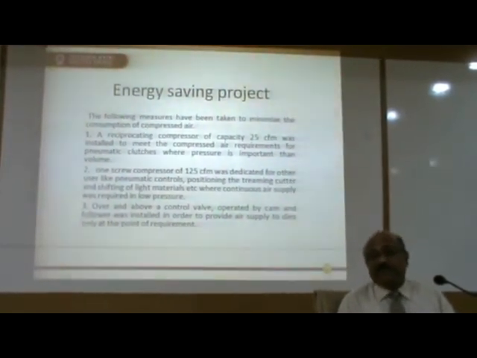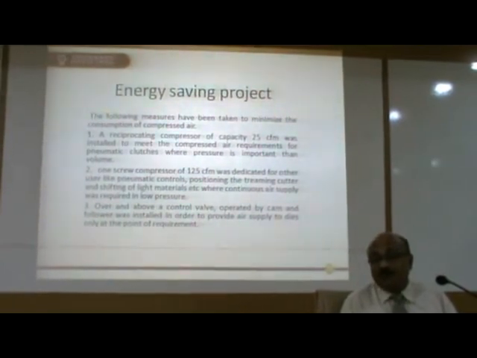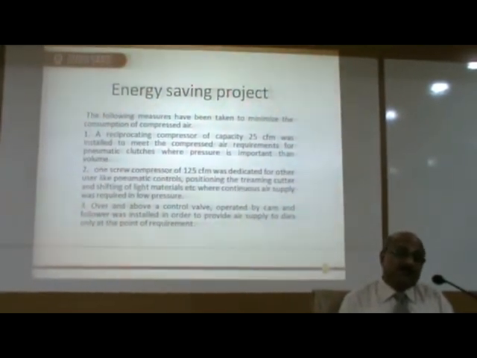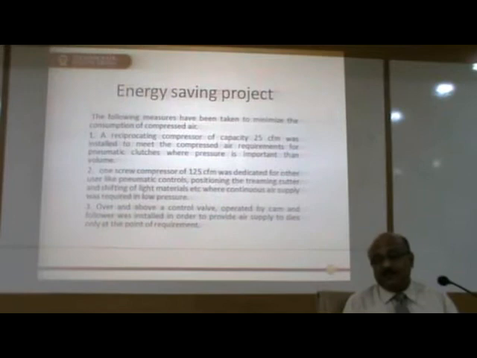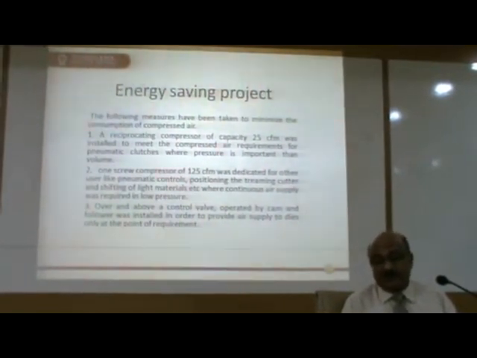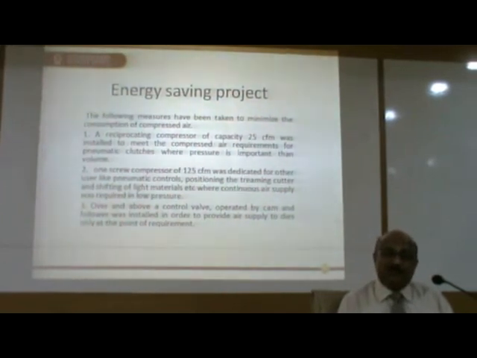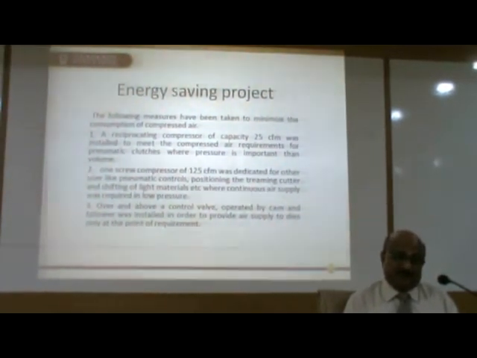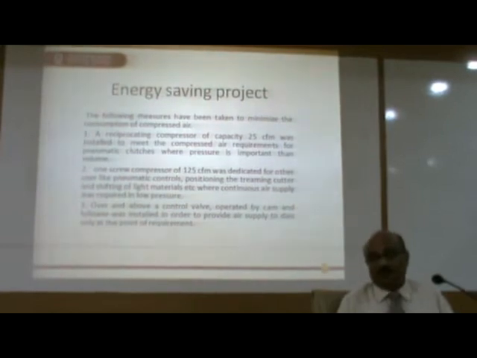As I mentioned earlier also, the air pressure is not the same in each and every machine. Here, for pneumatic clutches, the pressure is important, but the volume of air is less and there is no continuous flow.